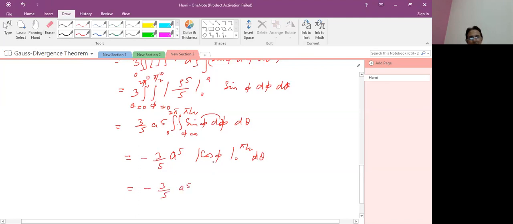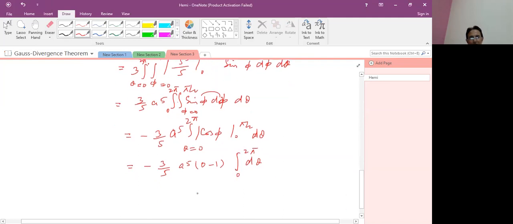Cos 90 is 0, 0 minus 1 is minus 1, into d theta, the integral from 0 to 2 pi. So when we integrate, minus minus gives plus 3 upon 5 a to the 5 theta from 0 to 2 pi.